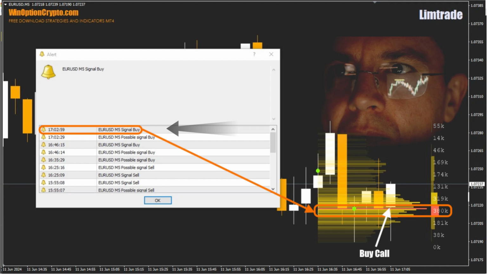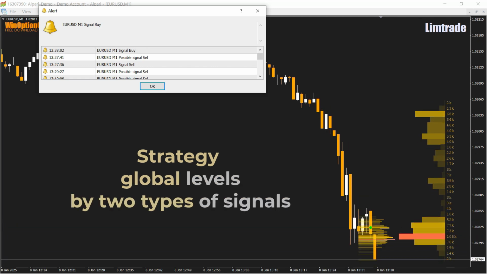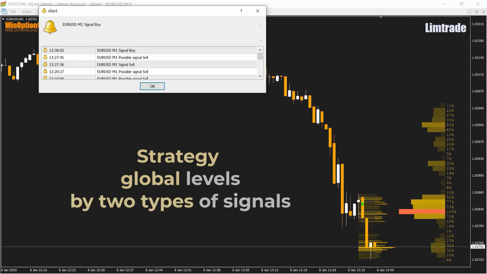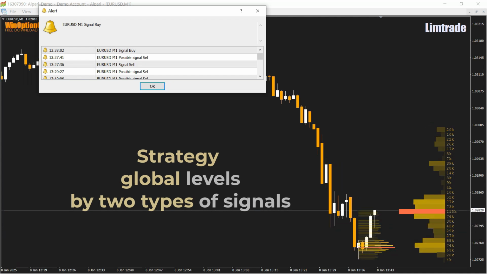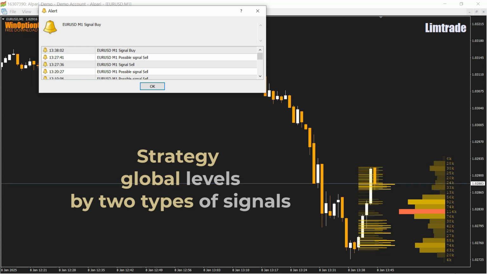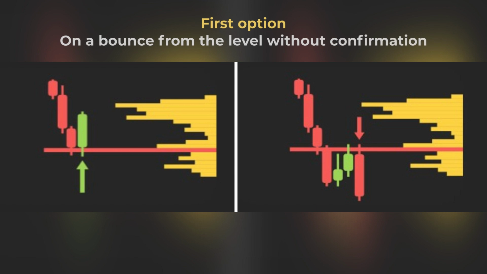The buy signal. Global level strategy. In addition to the method shown above, you can use a strategy based exclusively on global volume levels. In this case, you can open deals based on two types of signals. The first option, on a rebound from the level without confirmation.